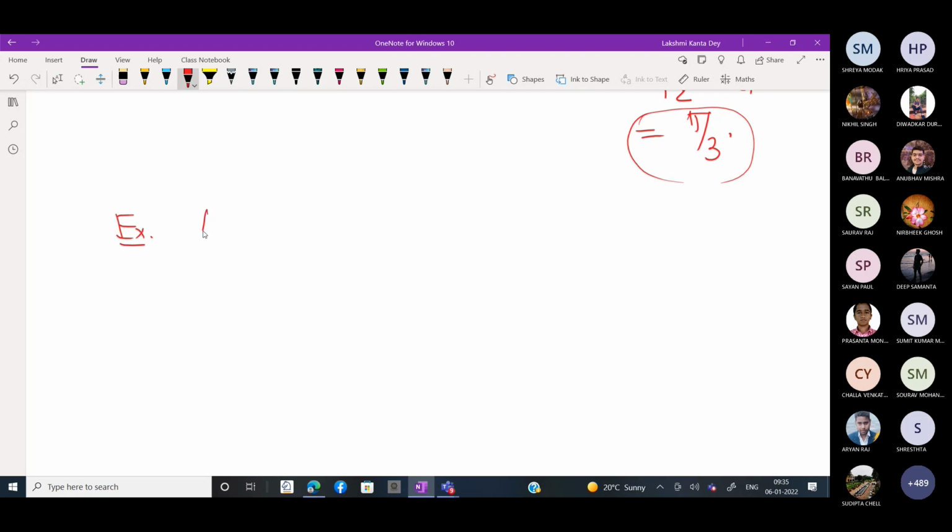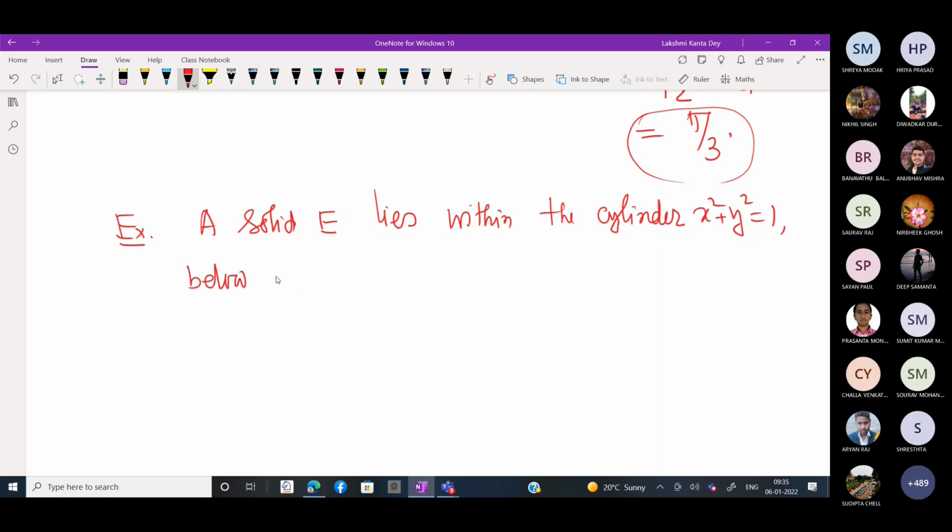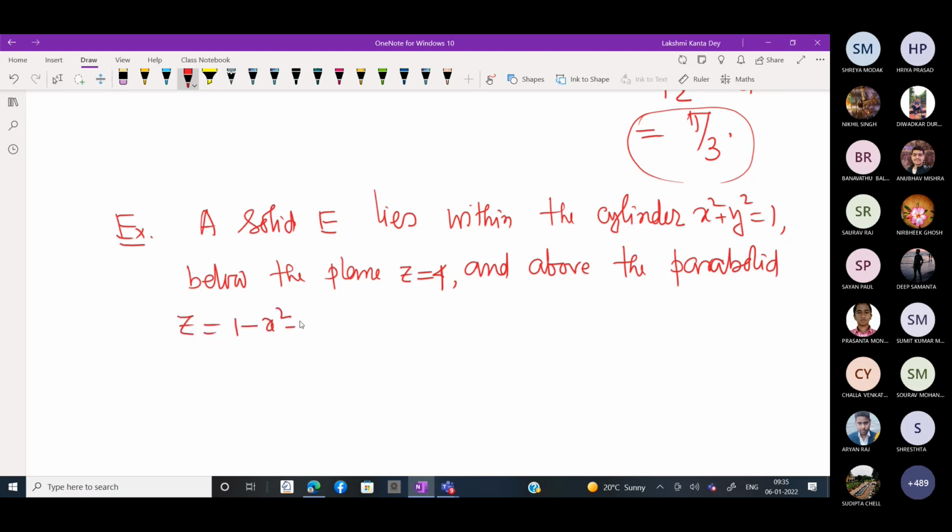A solid E lies within the cylinder x square plus y square equal to 1, below the plane z equal to 4 and above the paraboloid z equal to 1 minus x square minus y square.